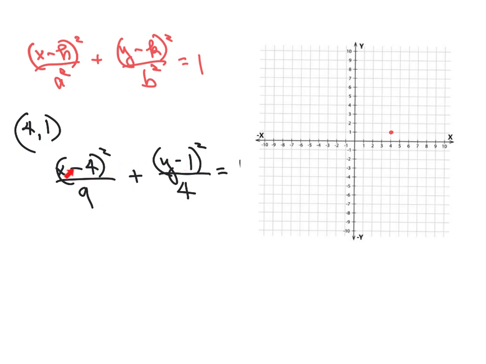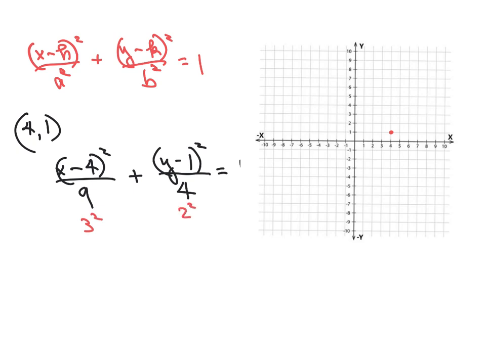Okay? So this is a minus only because the formula had the minus signs there. So you look and see what those numbers are. That's the center. What these numbers are is how far on the x-axis we are from the center. In this case, a squared, what number times itself? How can I write 9 as something squared? I can write it this way. I can write 4 as 2 squared.